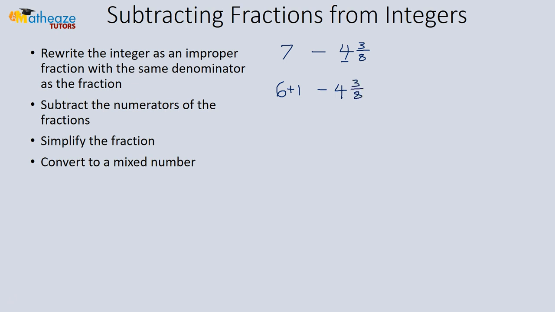Now we're going to rewrite this 1 here to look exactly like a fraction. So this is going to be 6, 1 times 8 over 8 minus 4, 3 over 8. So this is going to give us 6, then 8 over 8 minus 4, 3 over 8.